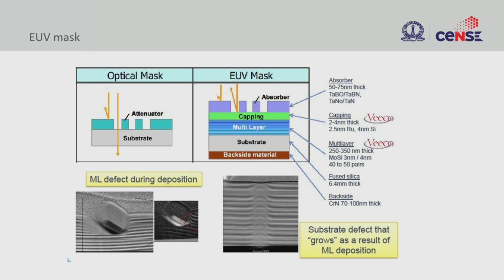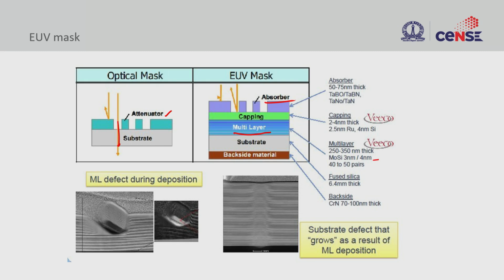And this is the mask technology. The regular optical mask uses an attenuator, let's say a chrome-like layer, and then you have a transparent layer where light goes through. In an EUV or extreme UV mask, this is slightly different because here it is reflective. So you also have an absorber, but instead of transmission, you have multi-layer reflectors. These multi-layer reflectors use a combination of molybdenum and silicon.